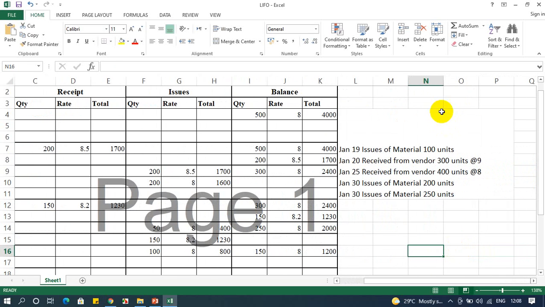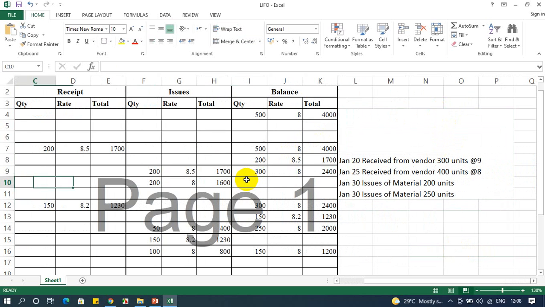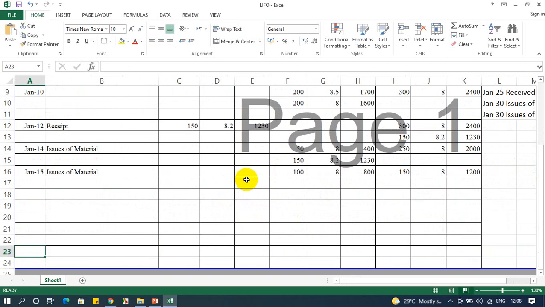And then on January 19 again we have an issue of 100 units. So we'll go and write down issue on January 19, issue of material, 100 units.